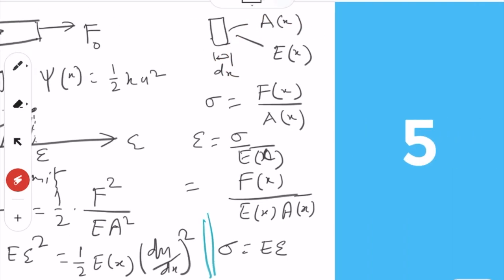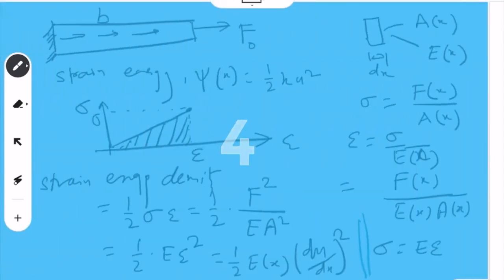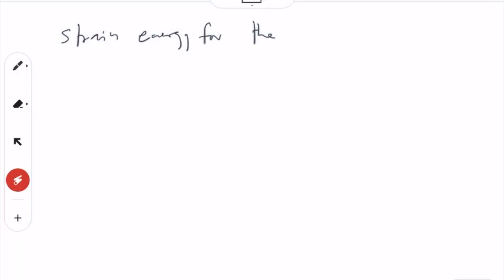We get the strain energy for this section, for a small slice.